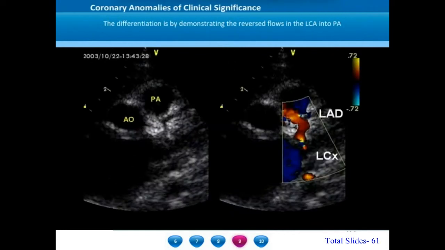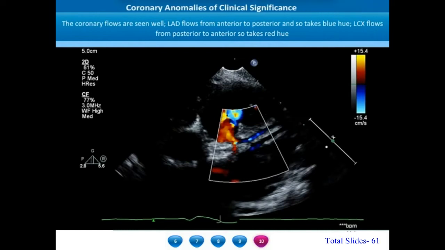The way to differentiate that will be to look at the flows in the coronary artery. In ALCAPA, there is a classic flow reversal of the blood flow from the coronary artery back into the main pulmonary artery.